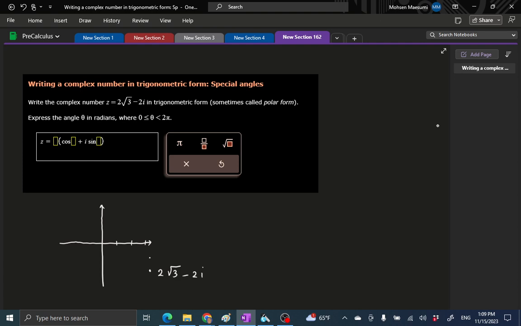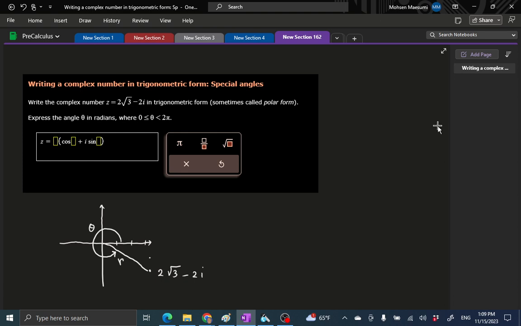We want to express this in the trigonometric form, which is a radius times sine and cosine of an angle. What is the radius? This is the radius we are after. This is r. What angle do we want? We want angle between 0 and 2 pi, so we are forced to go in this direction. That's angle theta we are after.